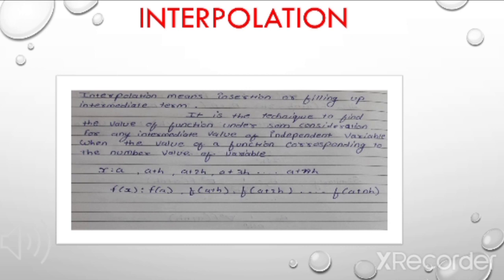Then suppose we have to find an unknown term of this value. The process of finding the unknown function value which is intermediate in the given range, from f of a to f of a plus nh, is called the process of interpolation.